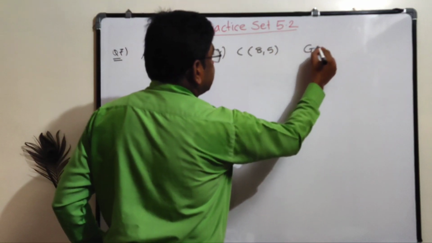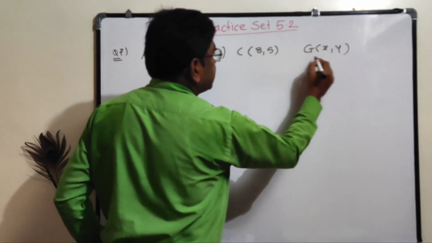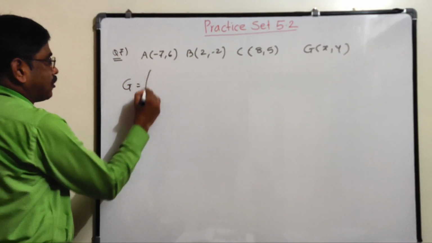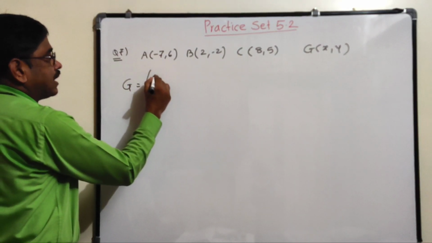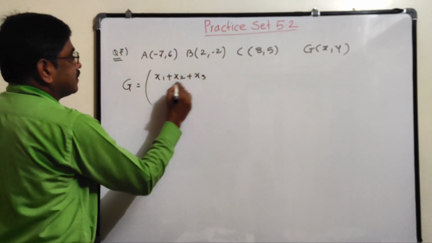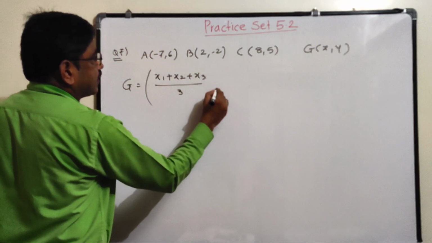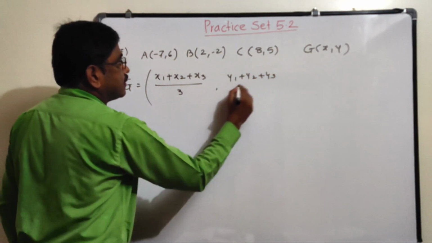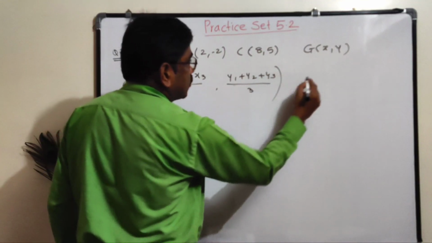Find G x y, that is, centroid. G means centroid. So we get G. The formula is by centroid formula. x1 plus x2 plus x3 divided by 3 and y1 plus y2 plus y3 divided by 3. This is the centroid formula.